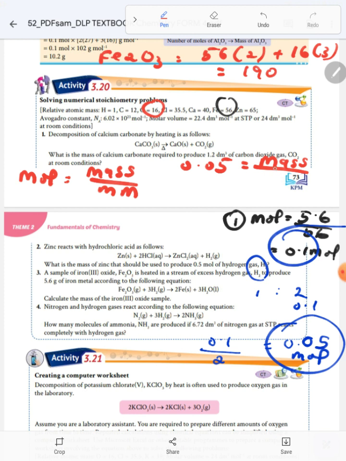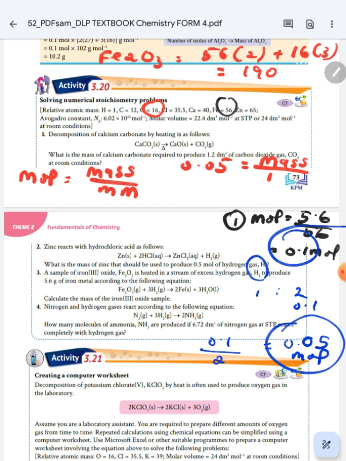So 0.05 equals mass divide by 190. So mass will equal 0.05 times 190.